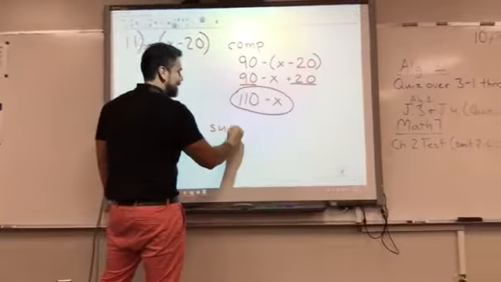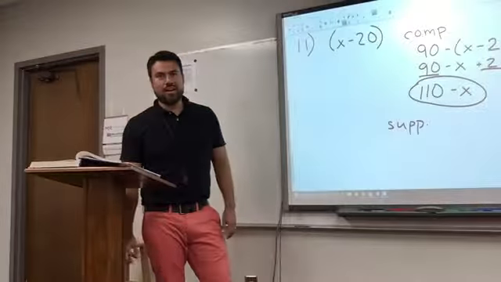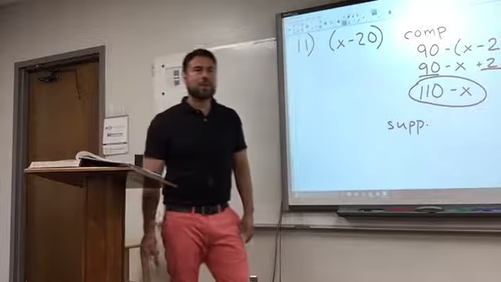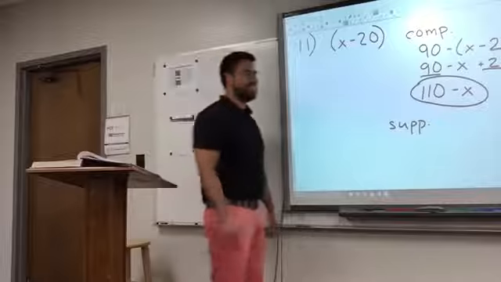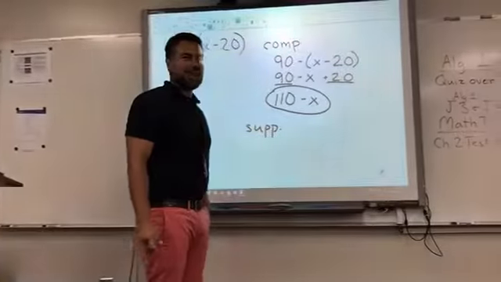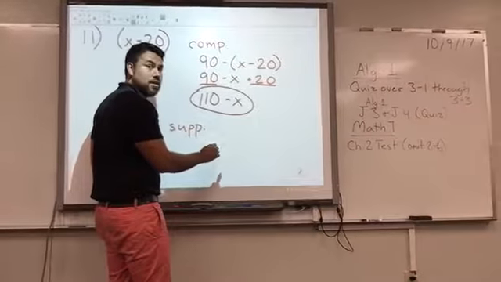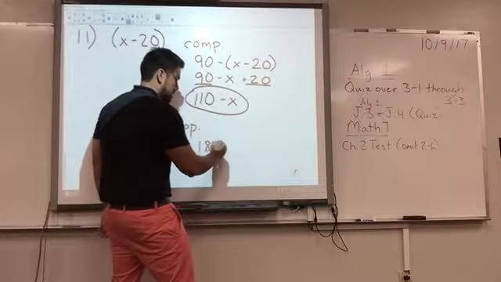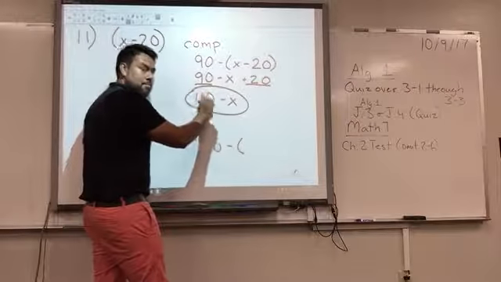All right, how do you find the supplement? Good job, Wyatt. That's a good process. I know Benton knows, but I'm going to call on James. How do you find the supplement? Well, it's 90 minus x minus 20. So supplement. I think we just did the complement. Sorry.